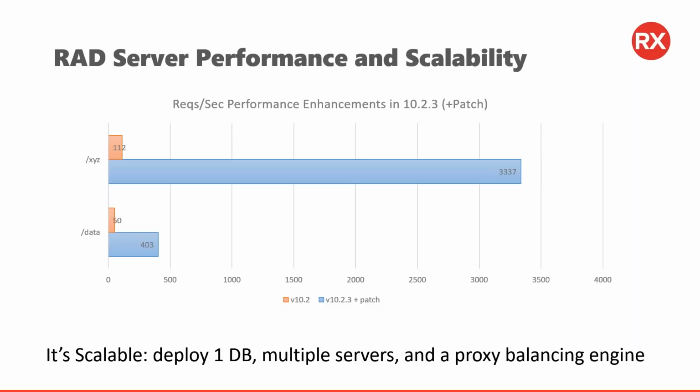So again, from a heavy data-driven operation, one of those returning like an entire table, the change is from roughly 50 requests a second to 400 requests a second. So it's roughly 10 times more throughput and better performance compared to before using the patch.